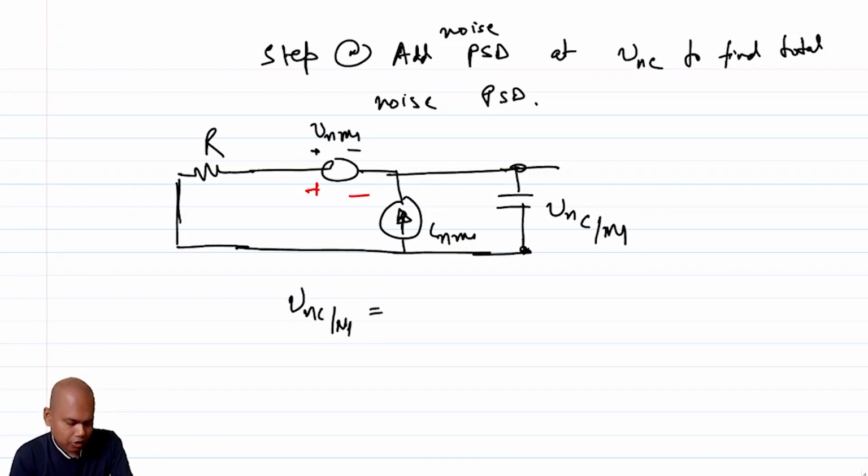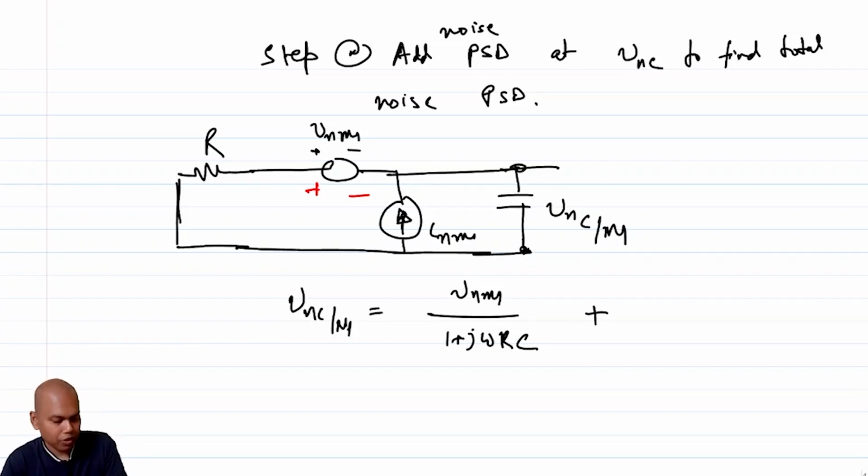So let's use superposition and do one at a time. If I keep the voltage source on and remove the current source, and removing the current source means setting the current to 0, which means open circuited, then your VNCM1 becomes VNM1 by 1 plus j omega RC, since it's a low pass filter.